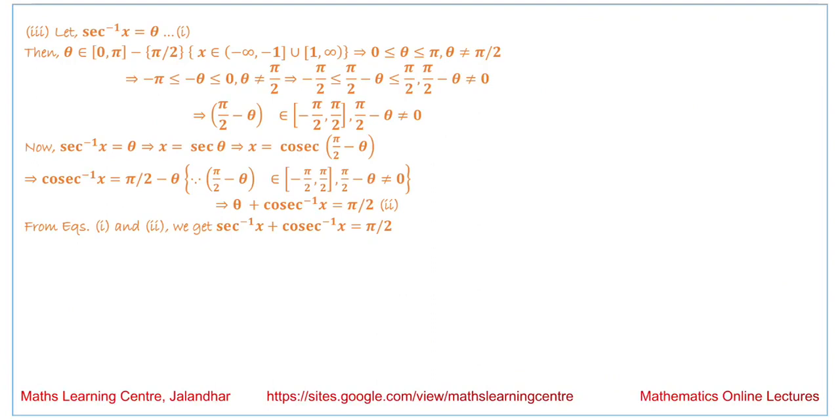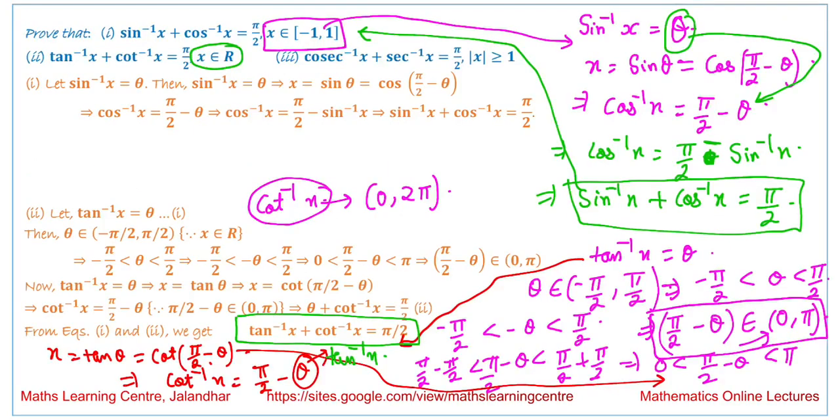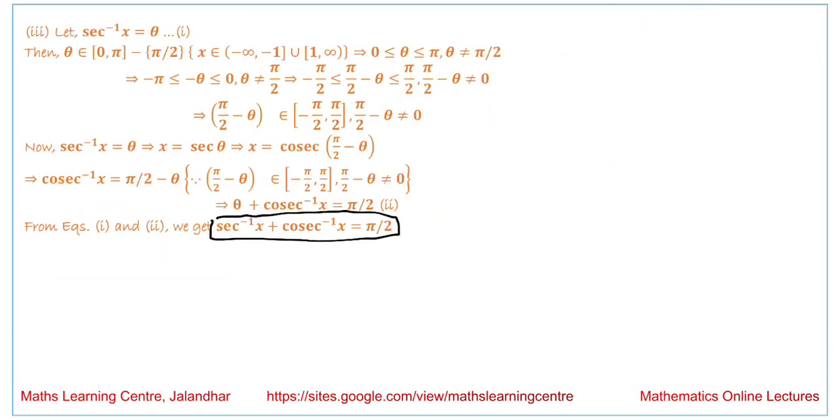Now the last, we have to prove that secant inverse of x plus cosecant inverse of x is equal to pi by 2, and it is given that mod of x is greater than or equal to 1.